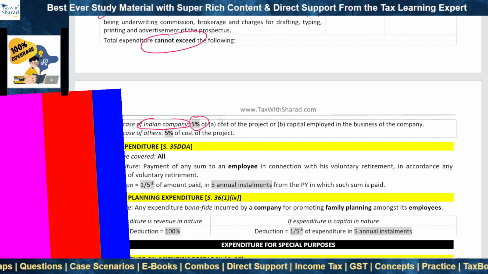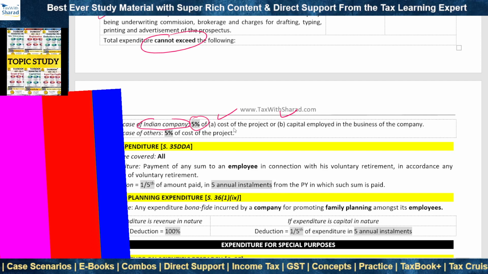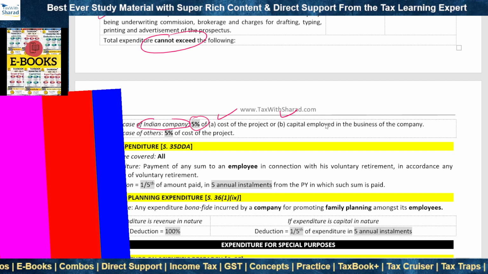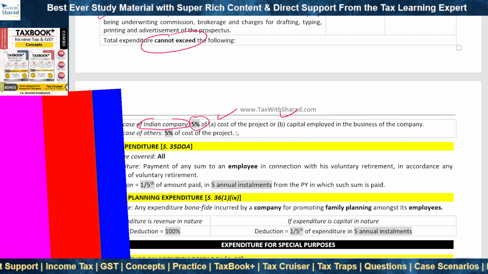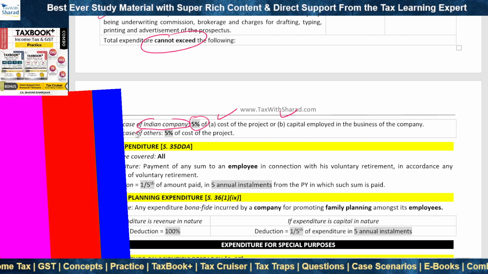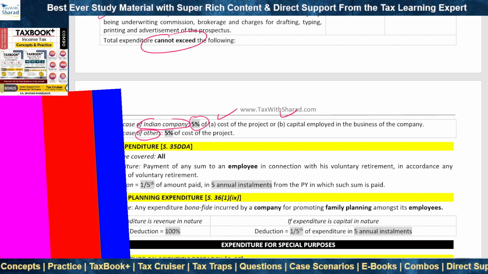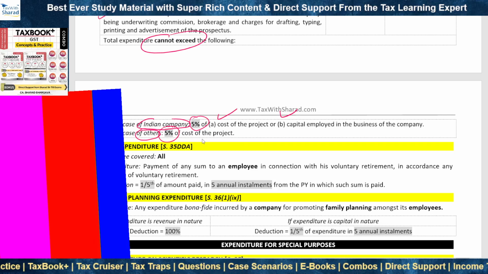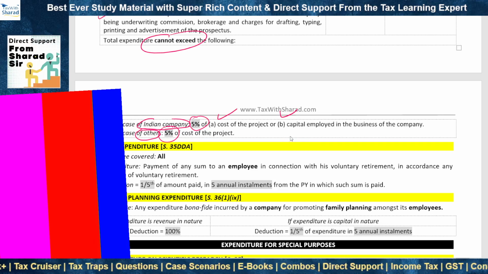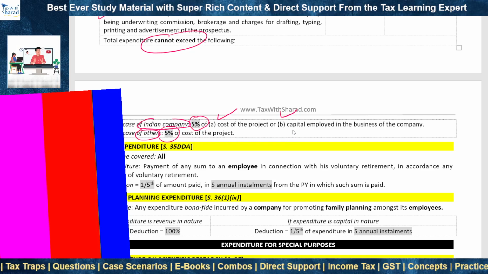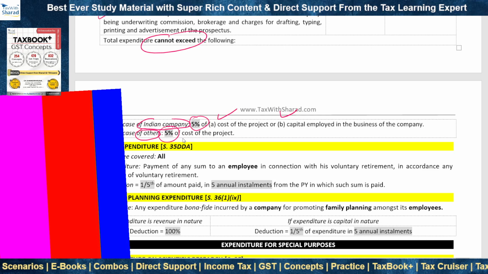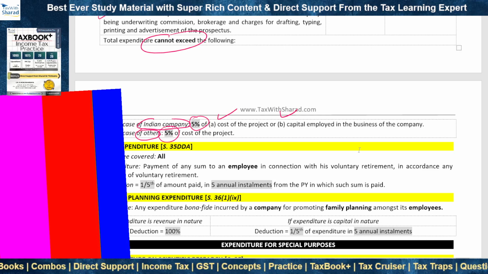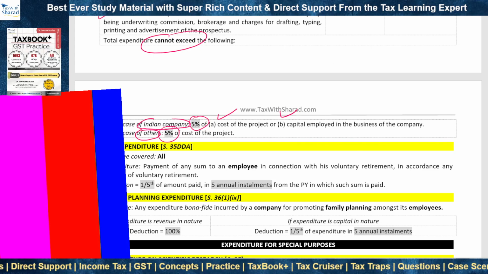The limit is 5% of A or B, either cost of the project or capital employed in the business of the company, and both these terms have been specifically defined. If the assessee is not an Indian company, then what is relevant is only 5% of cost of project. Capital employed is not relevant to a non-company assessee. So specified expenditure is eligible for amortization but subject to this limit. The total amount cannot exceed this limit.